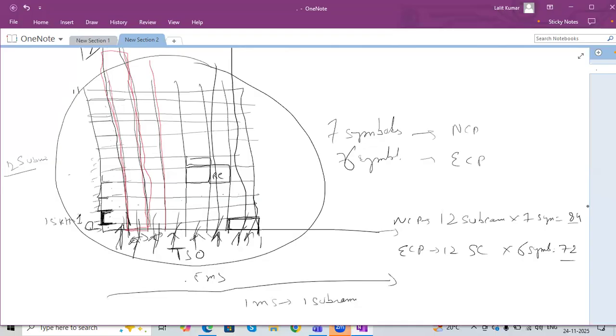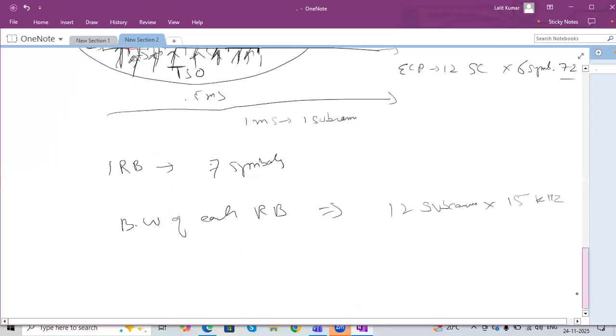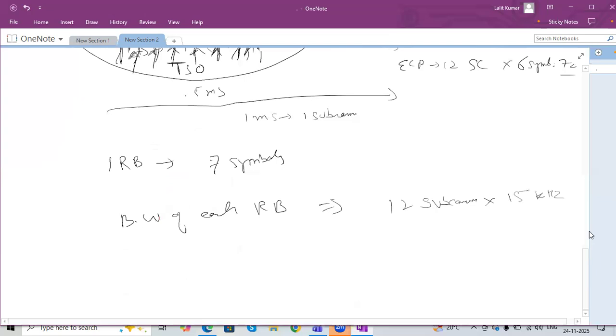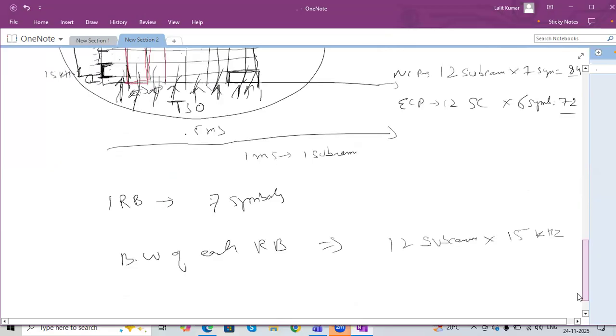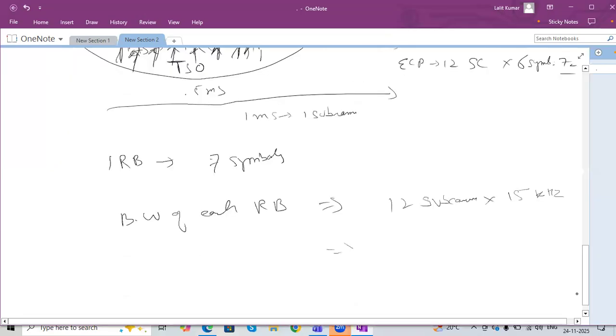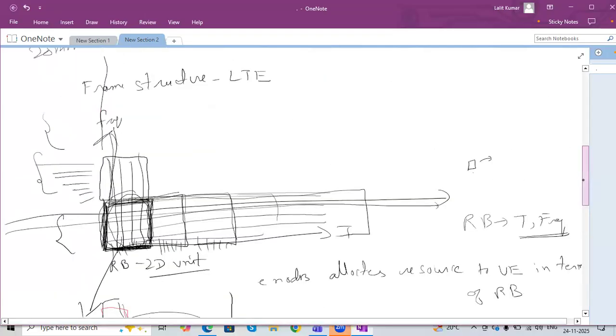Each of these 12 subcarriers has 15 kilohertz spacing. So this entire thing is 15 kilohertz multiplied by 12, which becomes 180 kilohertz.